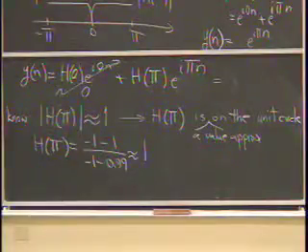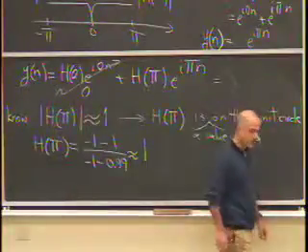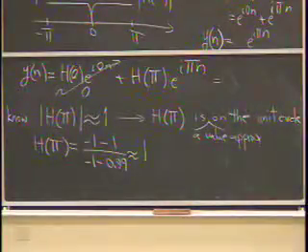But the point is, its magnitude would have been approximately 1. Now, what if I want to make a notch filter at a frequency other than 0 or pi, and I still want to have a real filter?